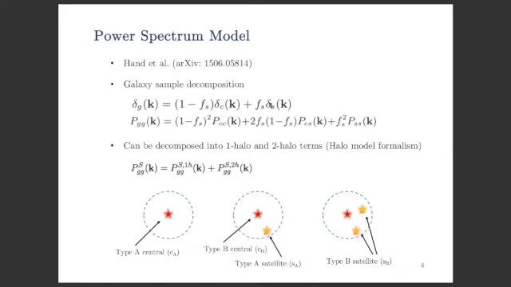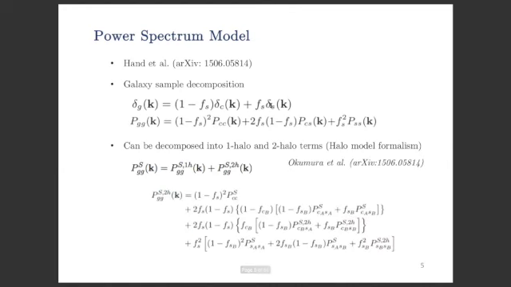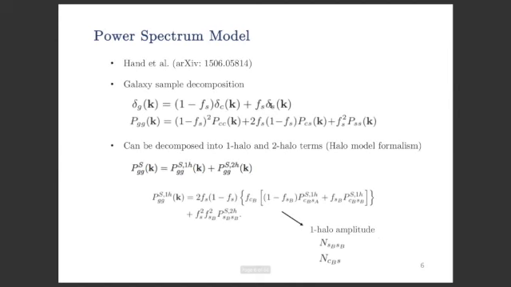The advantage of this is we can easily model the one-halo contribution. The one-halo term comes from type B centrals and satellites, and between type B satellites. So we can write down the equation for the two-halo terms and also the one-halo terms, and we see where the contribution is coming from.